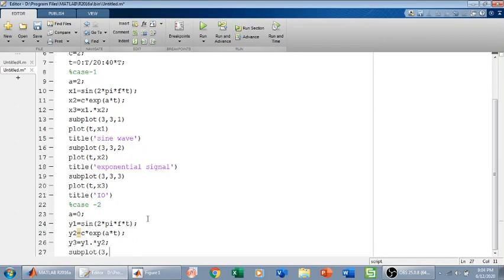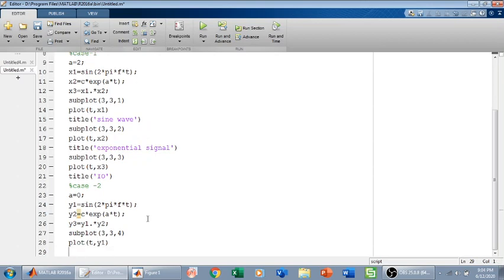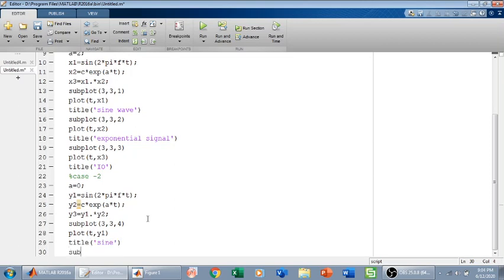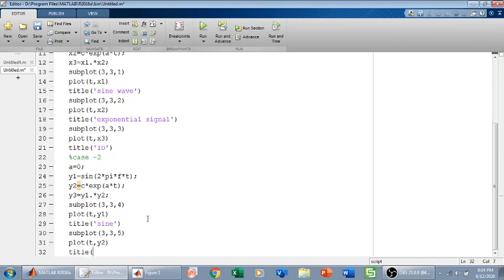I will again do the subplot. Now I want to go to the fourth position, so I am going to plot t with y1. This will plot the sine wave again, and I will give it the title sine. Then subplot 3 cross 3 with the fifth position, I will plot t by y2 and give it the title constant signal.